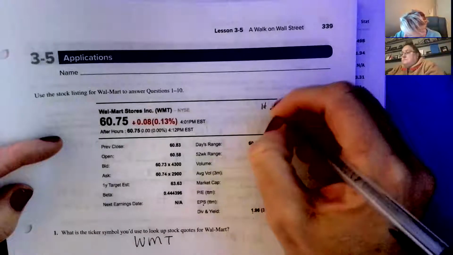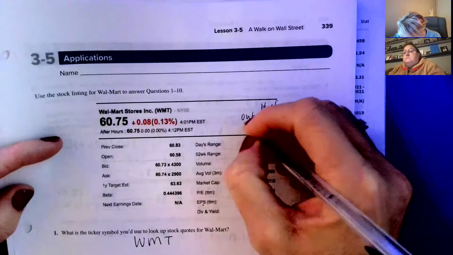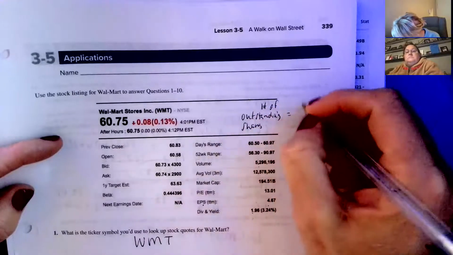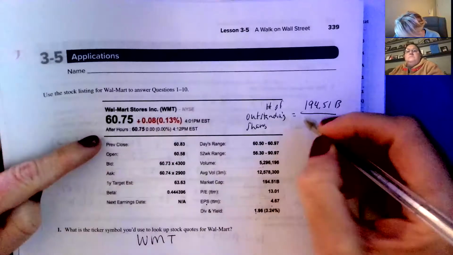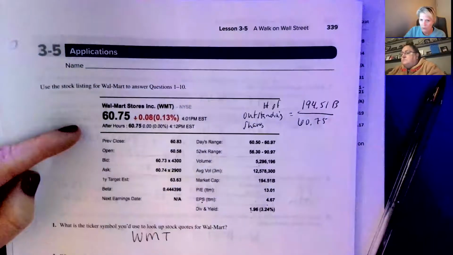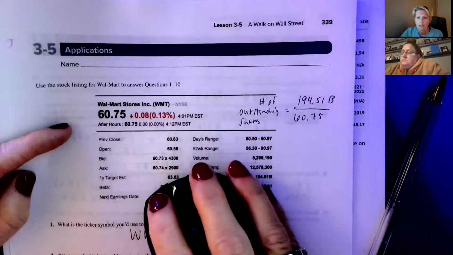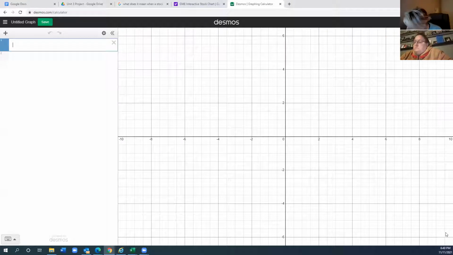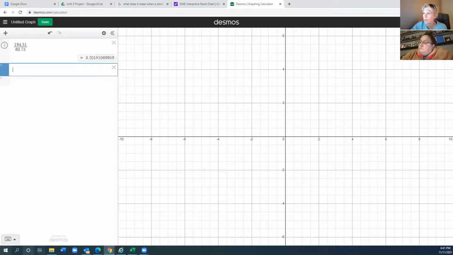So the number of outstanding shares would be the 194.51 billion divided by the current price of 60.75. So if I go to Desmos and do 194.51 divided by 60.75, we get 3.208 billion, right?